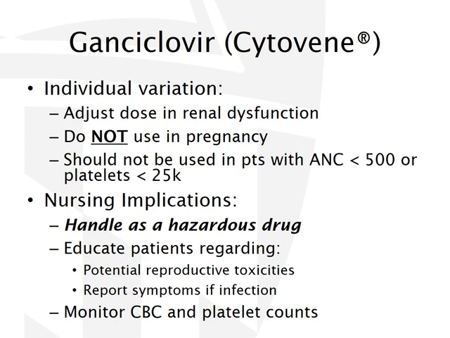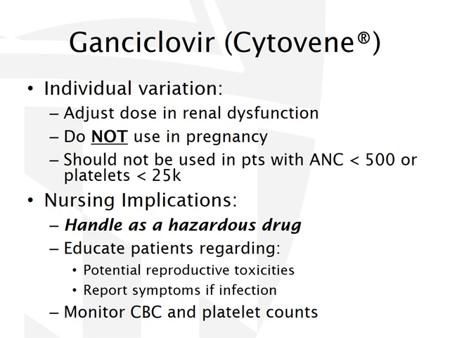And then when you come into contact with these drugs that are considered hazardous substances, you need to follow the precautions outlined in those policies because they're designed to protect you as well as your patients and others. Furthermore, it's very important to educate patients who get ganciclovir on potential reproductive toxicities. So the fact that patients should not get pregnant if they're on this medication, or they shouldn't receive it if they are pregnant.